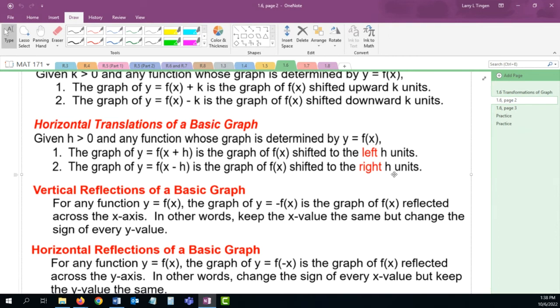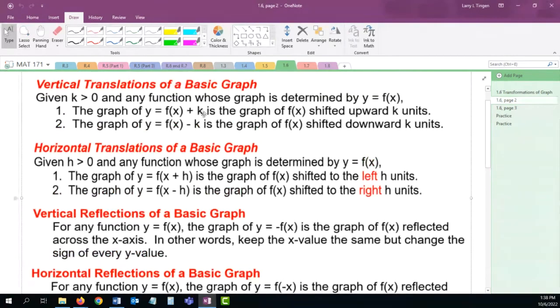This one's going to make a little more sense when we get into the example, so don't worry too much about that now. Just remember, if I add to the outside, it's up. If I subtract to the outside, it's down. If I add to the inside, it's left. If I subtract to the inside, it's right. Okay, so that's all my up, down, left, right.